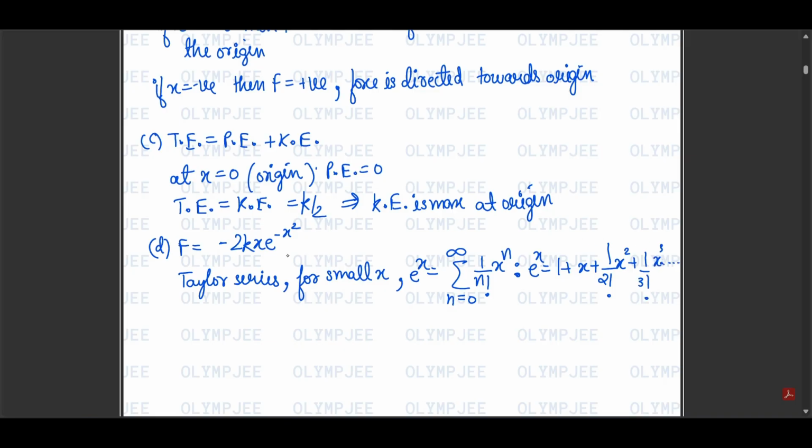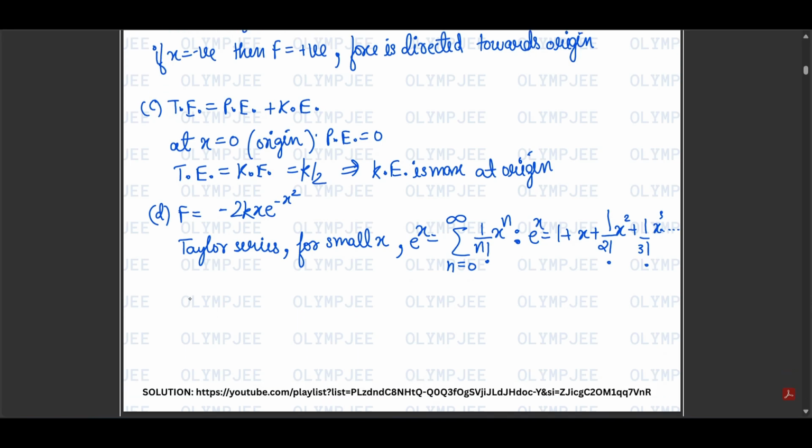So this e raised to power minus x square can be written as 1 plus x is minus x square, so minus x square plus 1 by 2 x raised to the power 4 and so on. So force will become equal to minus 2kx plus 2kx cube and so on.